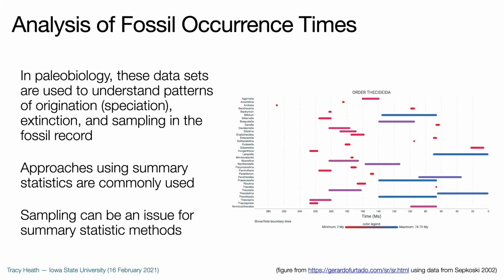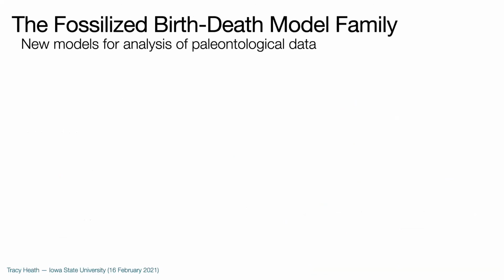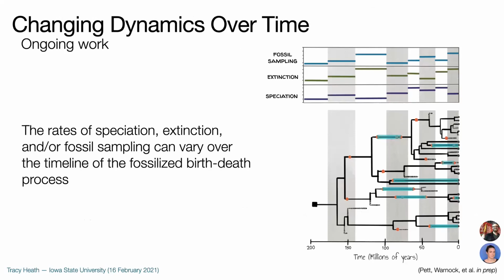And since we're getting a little bit short on time, I'm going to just mention some of the things that we're working on currently. We recently published a study looking at the performance of these methods for estimating speciation and extinction rates in this process.